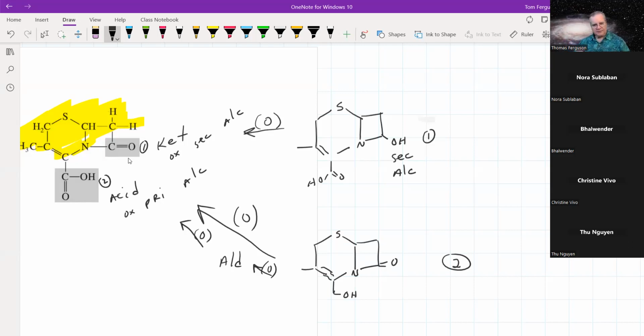So the part that I want you to focus on are the gray shaded areas, and the other is just baggage that you drag along. So don't get intimidated by these massive structures. Just blow them off. Just say, what functional groups are we focusing on?